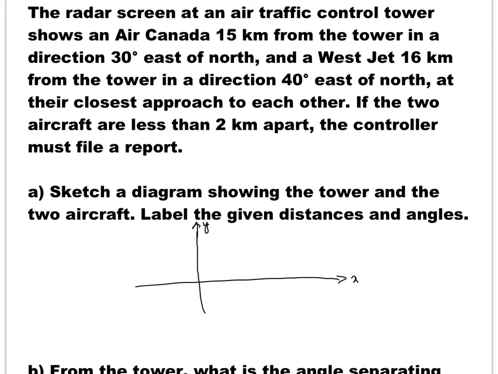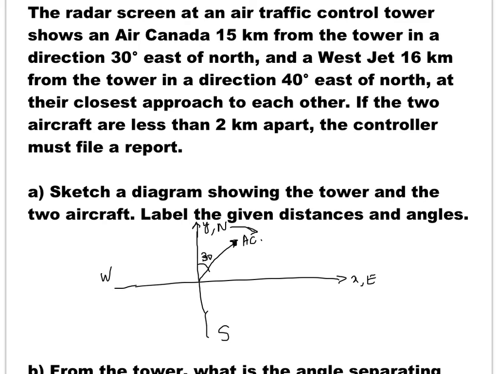Positive x is the east direction, so this is east, this is north, this is west, and this is south. We know that Air Canada is 15 kilometers from the tower in a direction 30 degrees east of north. East of north is this direction, so Air Canada is here, so call it AC, Air Canada, and this is 30 degrees.